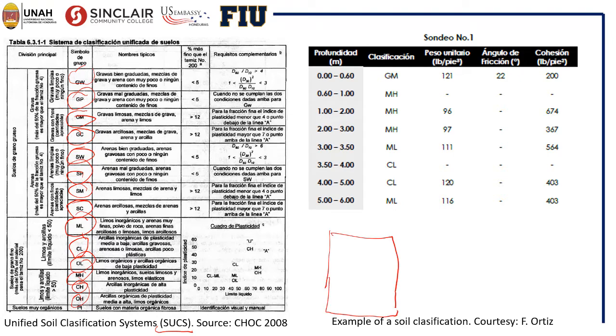Just to give a brief on this kind of classification, according to the particle size of the soils, we can classify it as, for example, gravel, sand, clay, and between sand and clay we have silts, and there is a letter, a sign, for every kind of classification.